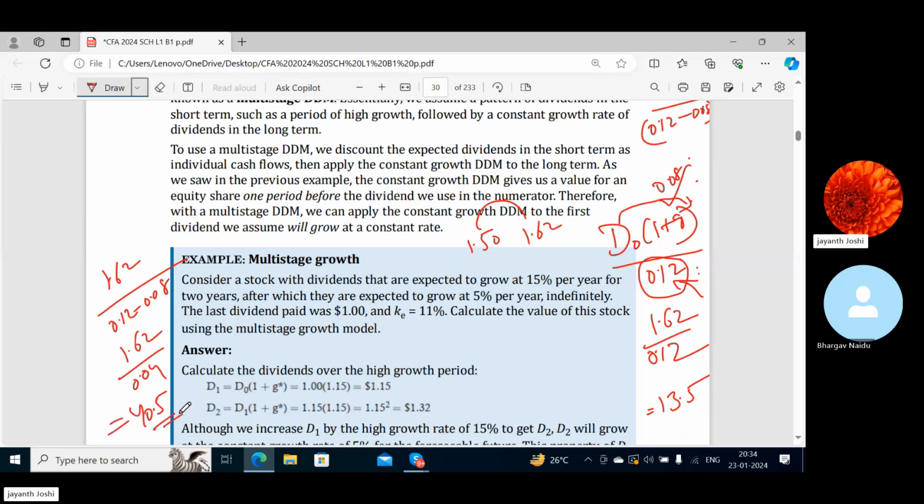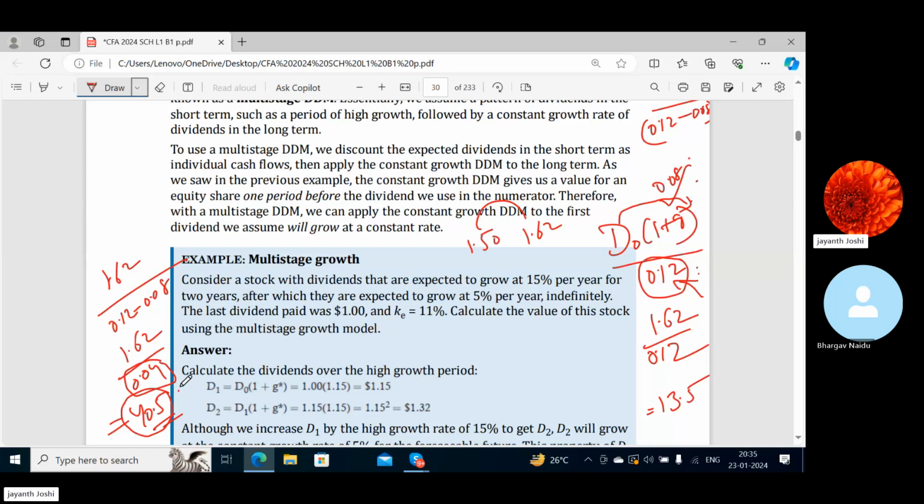You have to reduce the discount factor so that less discounting happens, because already in the numerator you are showing the growth. If you discount with a higher factor, the growth will not be seen, because we are removing that growth. So if we adjust the discount factor with the growth rate, you get the actual discount factor, so that we get the value of the stock.